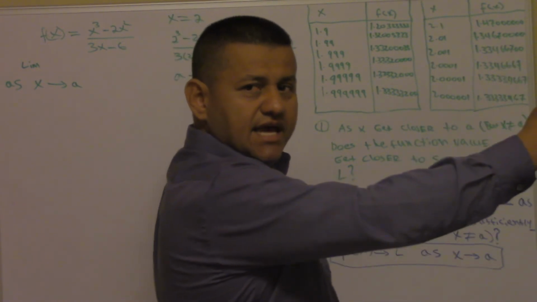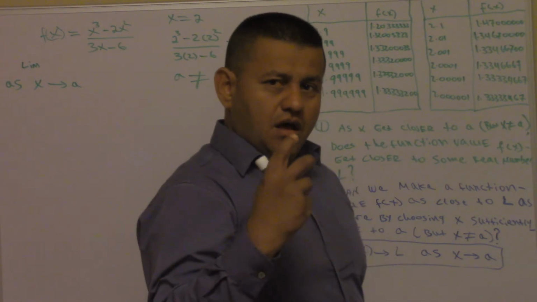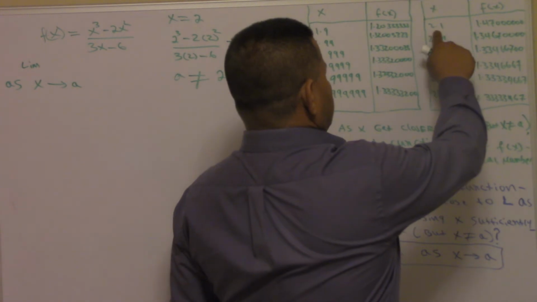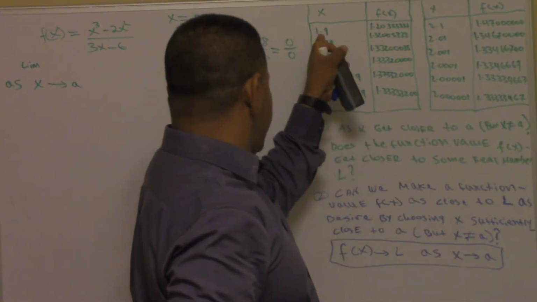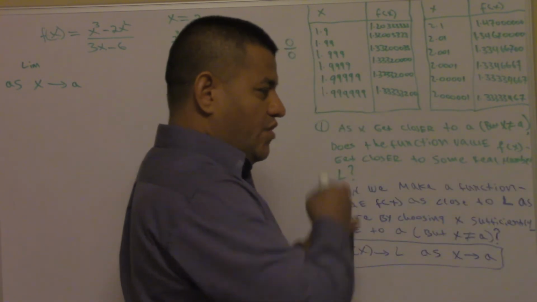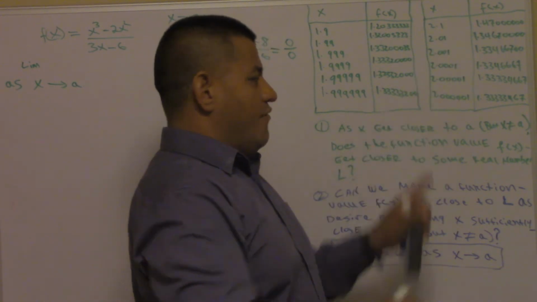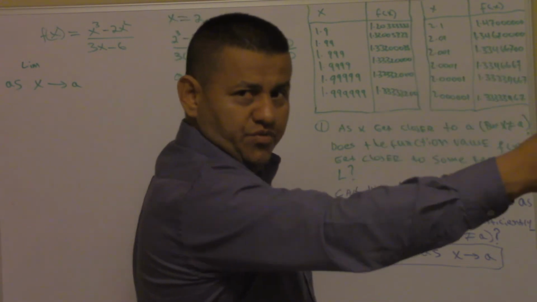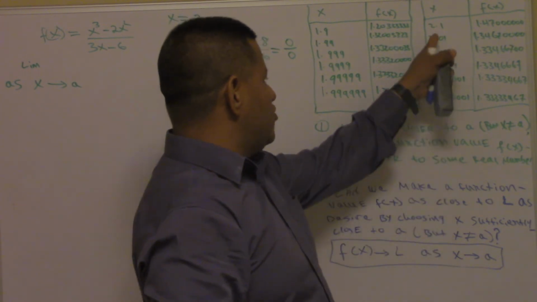I start at 1.9 and go to the right, approaching 2 from left to right. Now I am approaching 2 from right to left. So therefore, I have to start after 2. Okay? After 2, what is the first number?